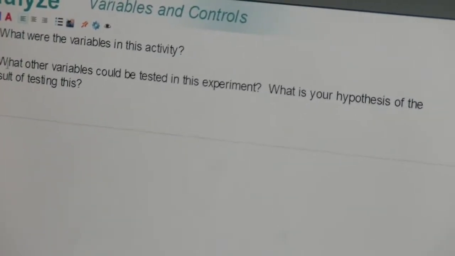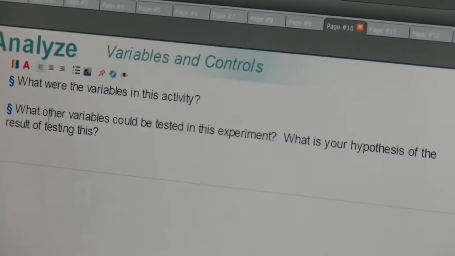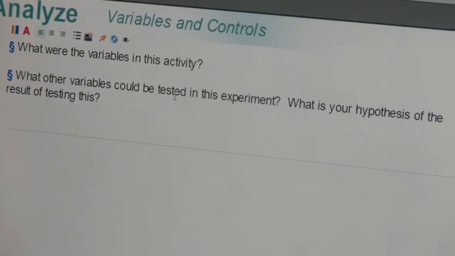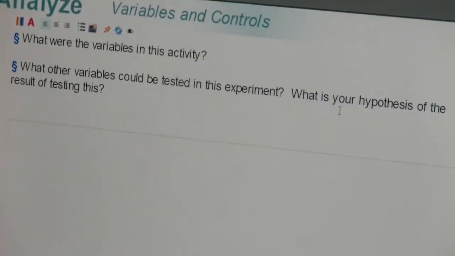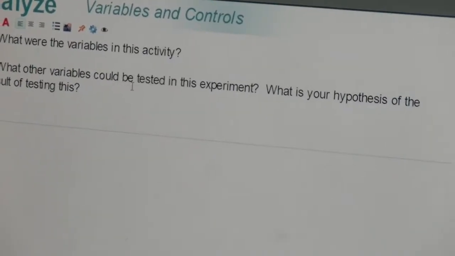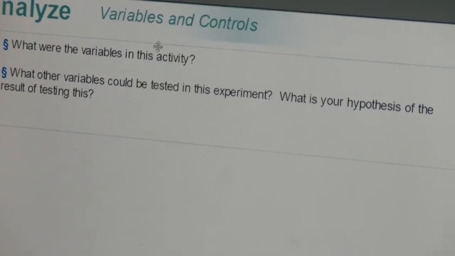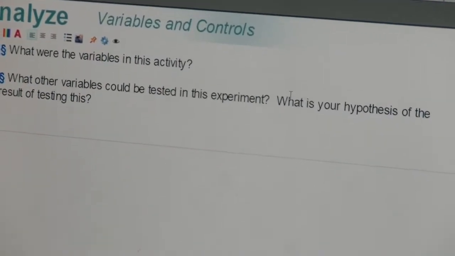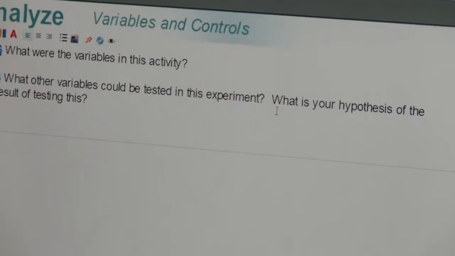And then we're supposed to answer the next question, which asks what other variables could be tested and what is our hypothesis of the result of testing these new variables. So we can also measure other quantities using this, like momentum and stuff, where you just multiply the velocity with mass.